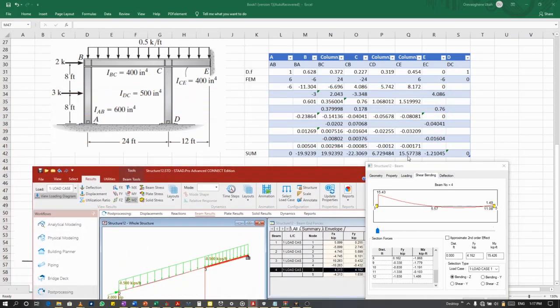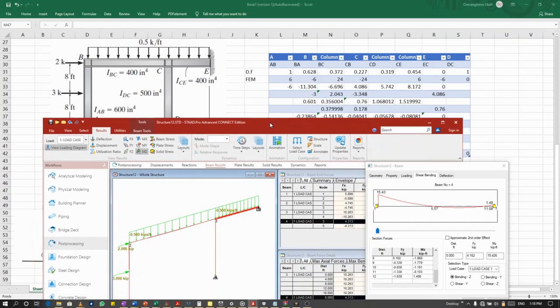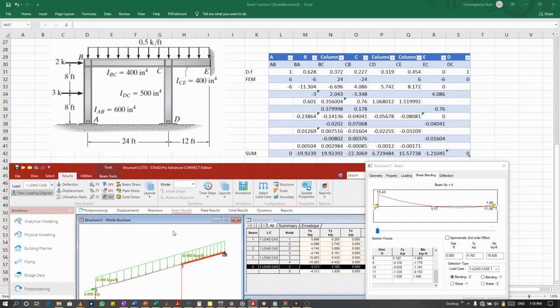You can see that we have 15.57, which is still very good. Then if you look at EC, I see we have 1.49. Here we have 1.21, which is still very close.